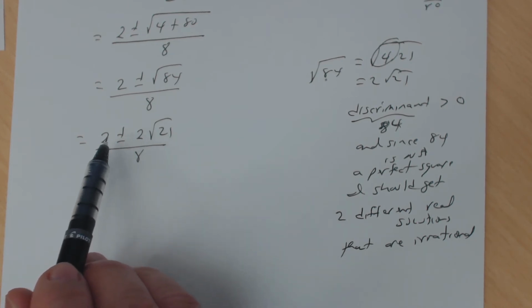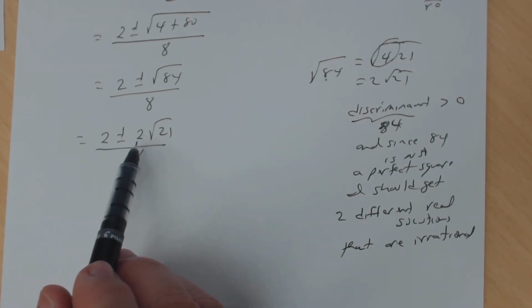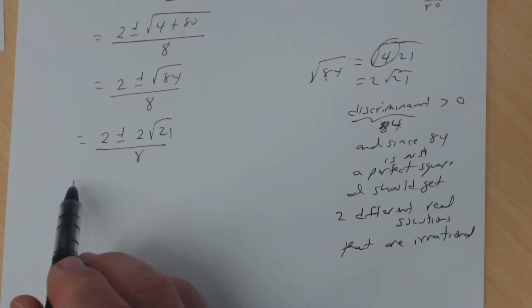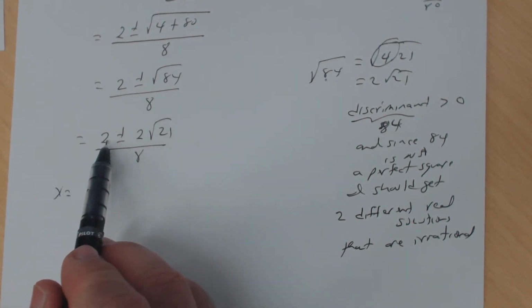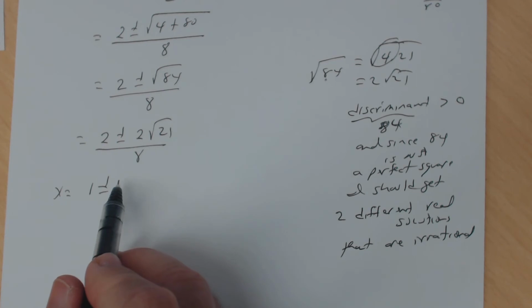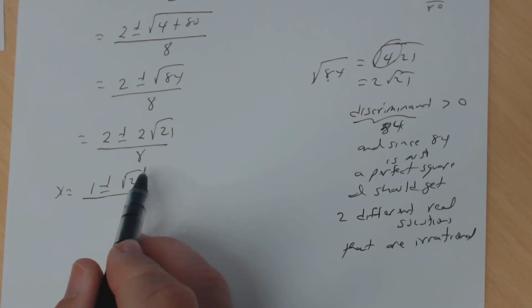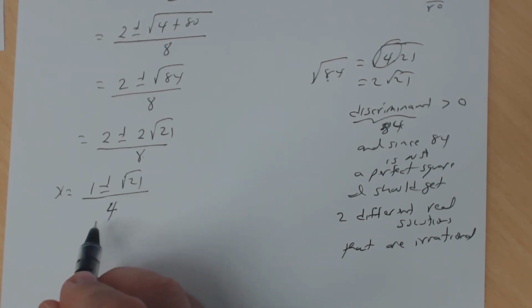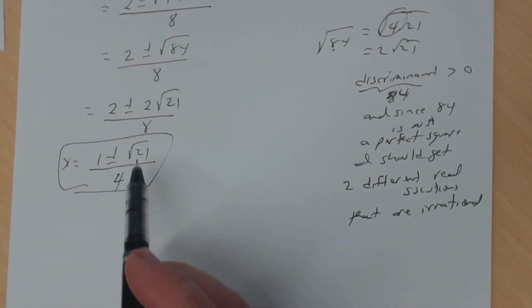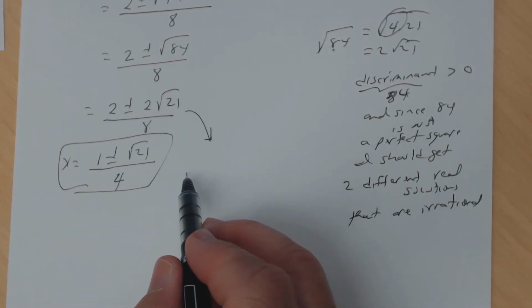Notice that this is a 2, this is a 2, and this is an 8, so those three numbers are divisible by 2. 2 divided by 2 is 1, plus or minus 2 divided by 2 is 1, so 1 square root of 21 is just square root of 21, divided by 8 divided by 2, which is 4. So that's the answer you would see. Now, let me mention this. If you want to write this as two separate fractions, you can. Notice what happens.